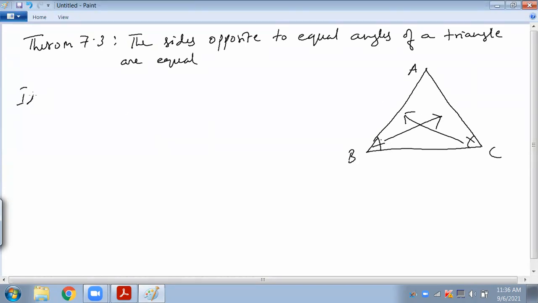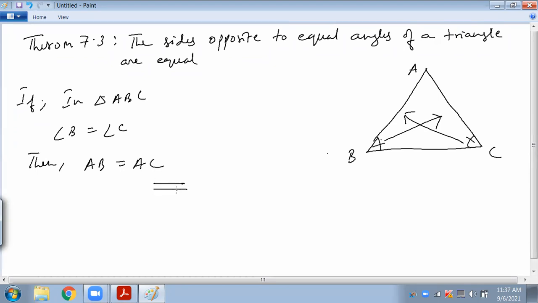So if in triangle ABC, angle B is equal to angle C, then what can you take? AB equal to AC. Opposite to B, we have AC, and opposite to C, we have AB. So AB and AC, we can take it equal.